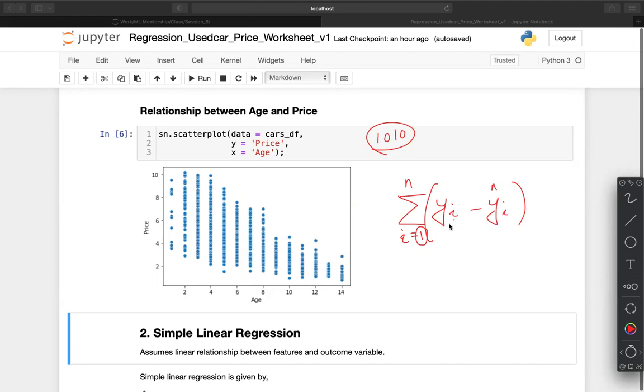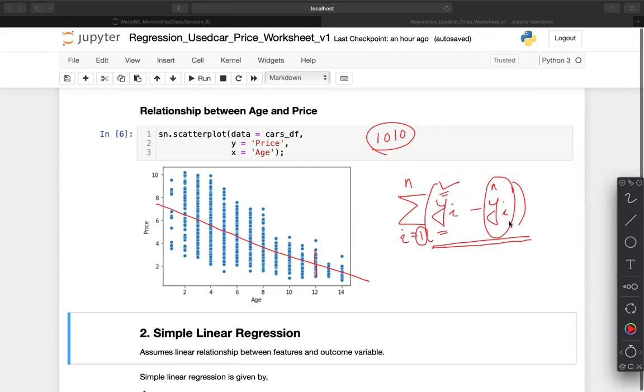But here, if you take the actual difference between y and y hat, it might so happen that some values have a positive error and some values have a negative error. That means sometimes what you predict will be lesser than the actual value, and sometimes what you predict will be more than the actual value.